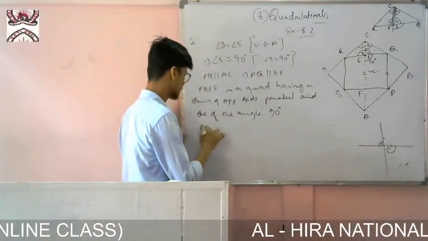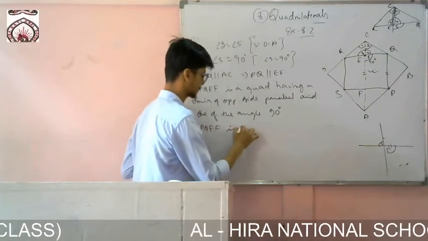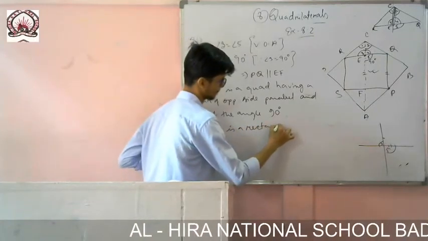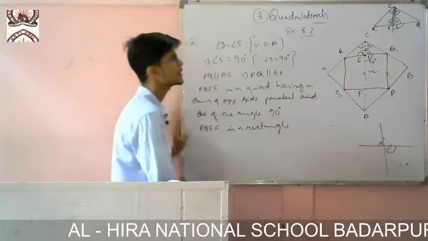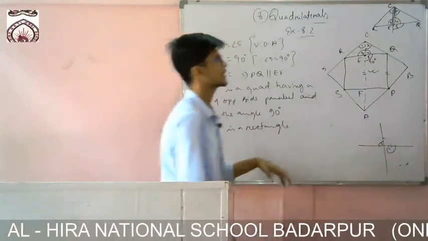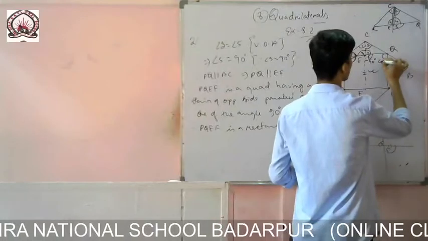So PQEF is a rectangle. If PQEF is a rectangle, then this angle will also be 90 degrees.